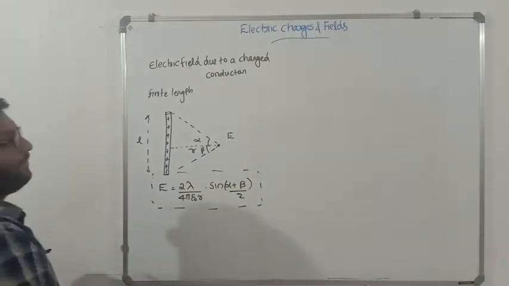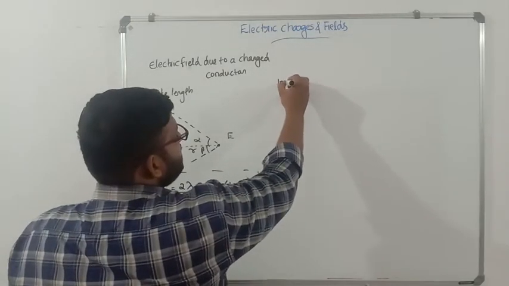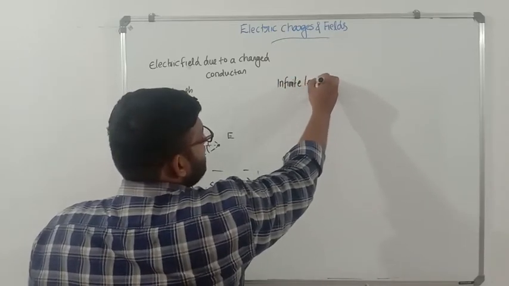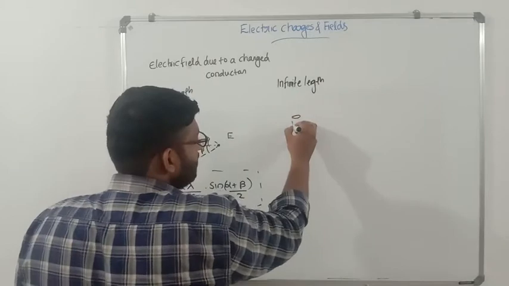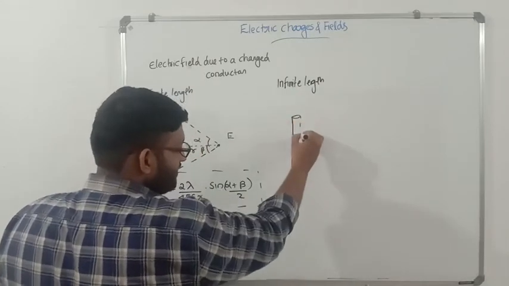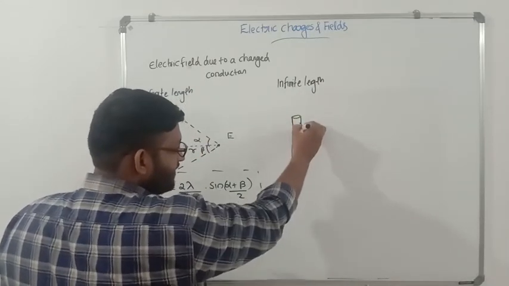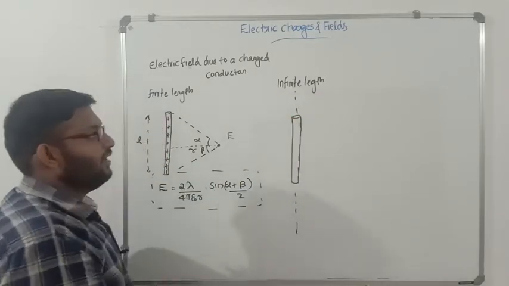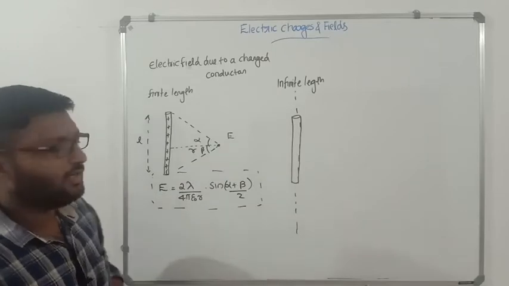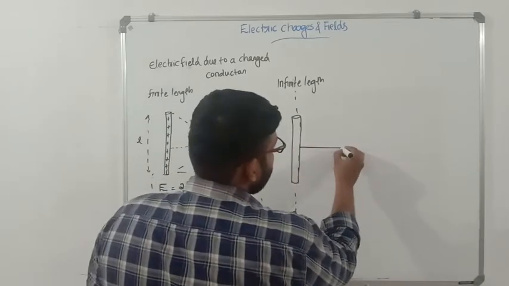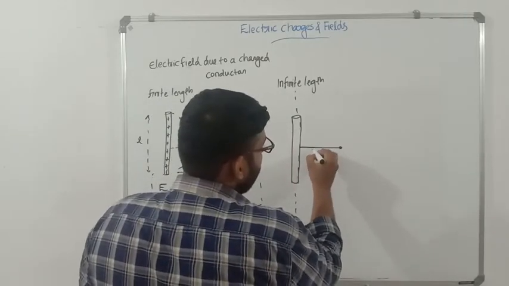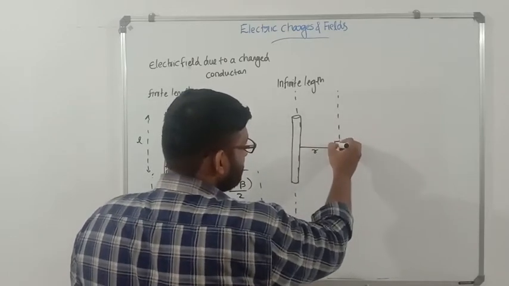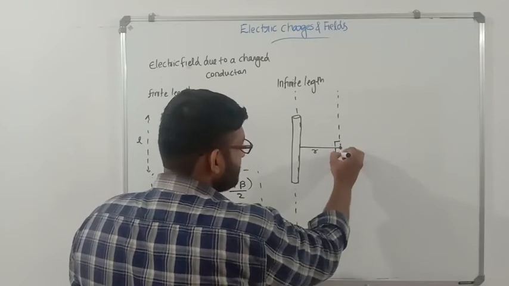No problem. Now for infinite length. Suppose you are having a conductor which is infinite in size, whose size cannot be defined. It is very much longer, and I just made a section over here. This section is at a distance r. For infinite, look at here, this will be 90, this will be 90.